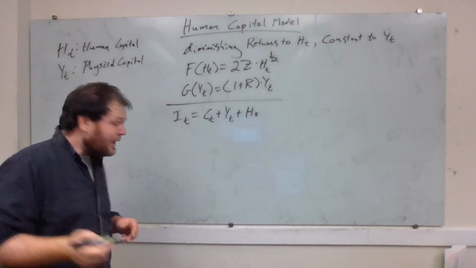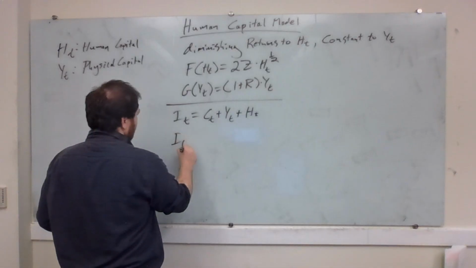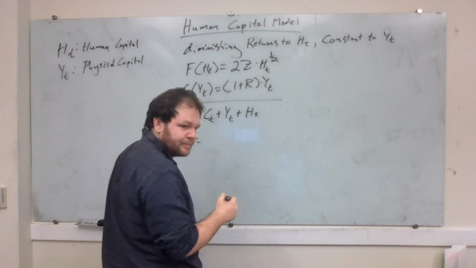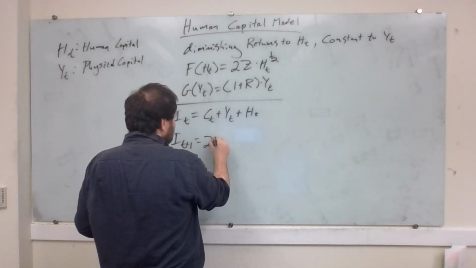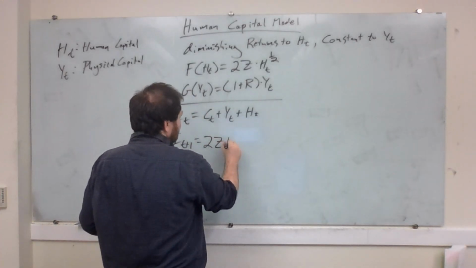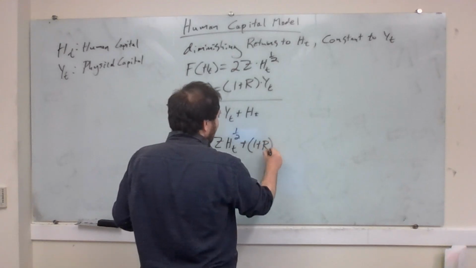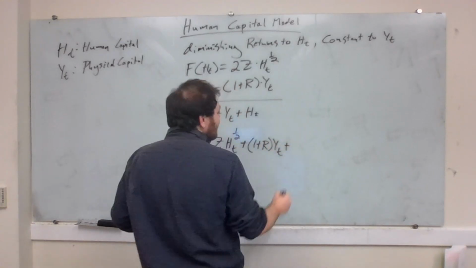And our child's future income is going to be, right, 2z times ht to the 1/2, right? The return on their human capital, plus the return on their physical capital, plus their luck.